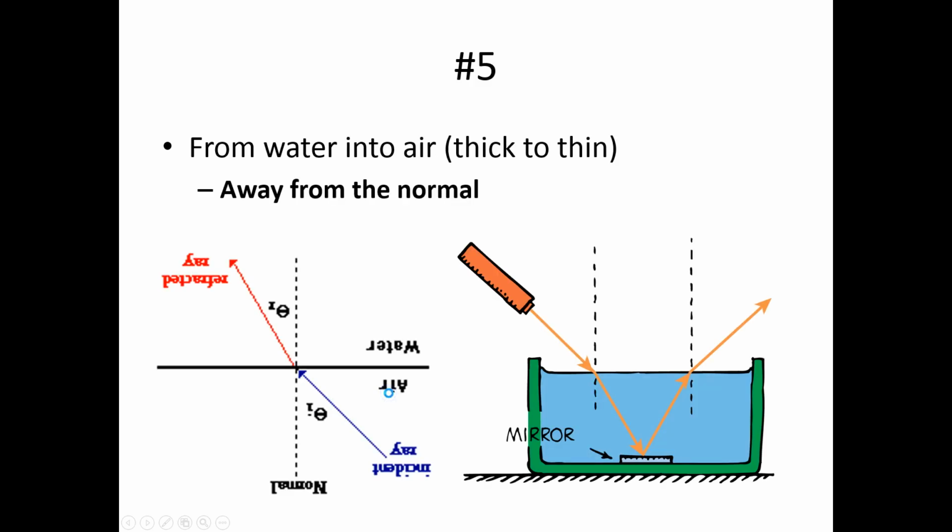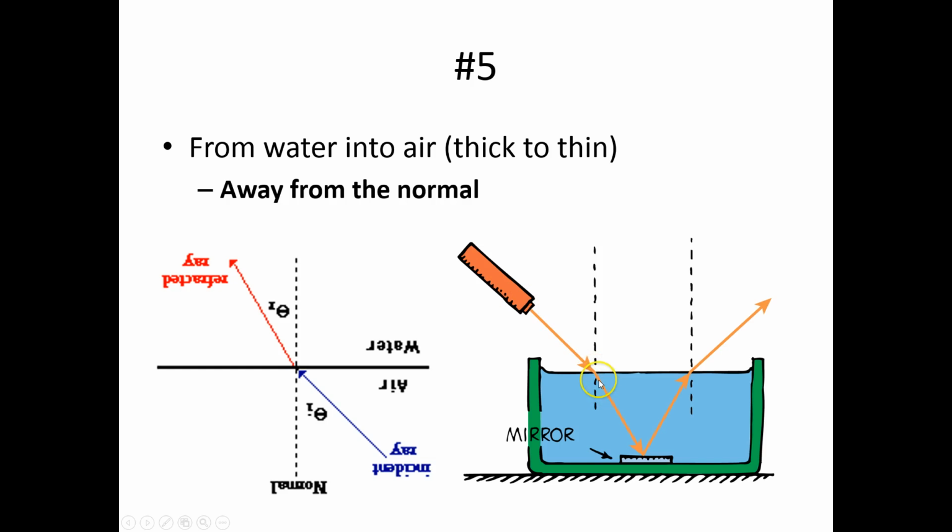For number 5, anytime I have a beam of light, let's say that I have a laser and that laser is in water. So this is a line here, and we actually would have the laser pointing down to the right. When it hits the air, so we might have kind of this type of thing where you've got a laser shining light down into the water.